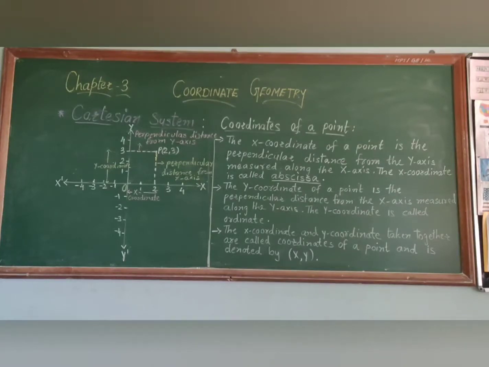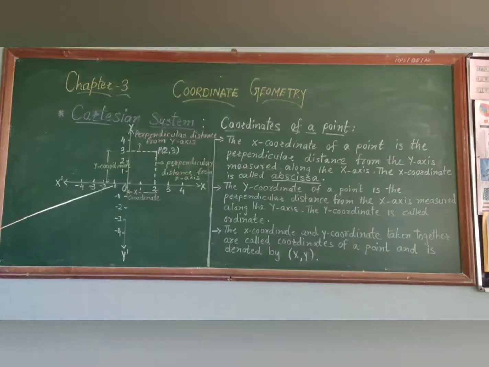Similarly, the y coordinate of a point is the perpendicular distance from the x-axis, measured along the y-axis, in either direction, positive or negative, as we already know what positive and negative values are. The y coordinate is called the ordinate.